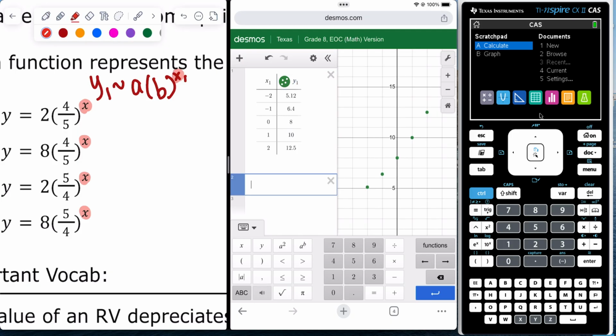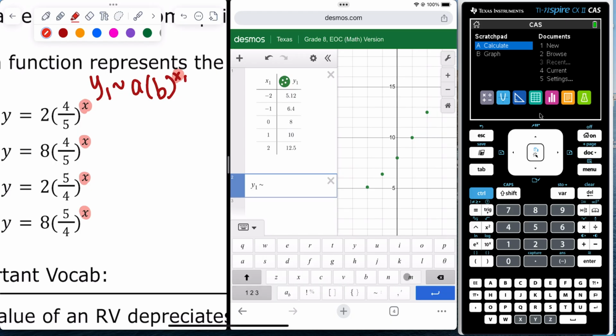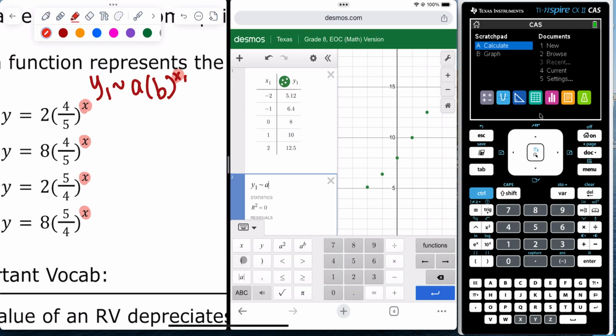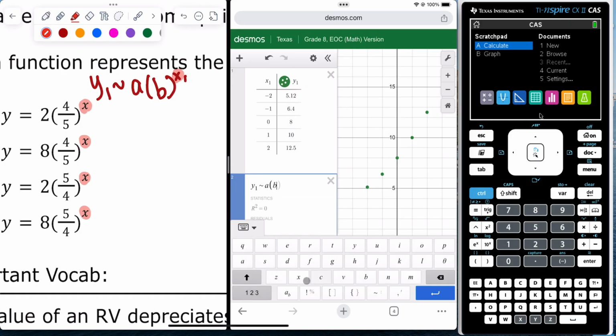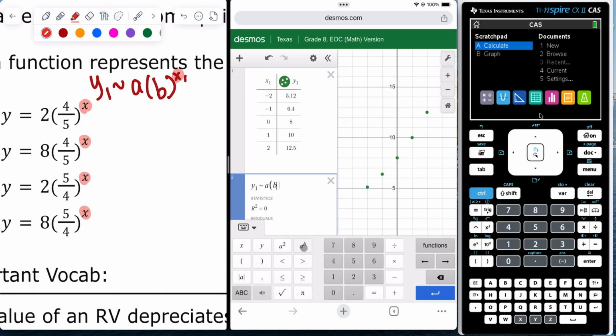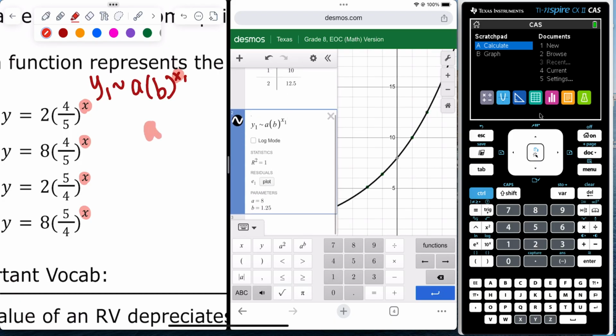So I'm going to type in y1 squiggly line, a, parentheses, b, parentheses, to get the little x right here. Oh no, I forgot my parentheses. Parentheses, little x, 1.